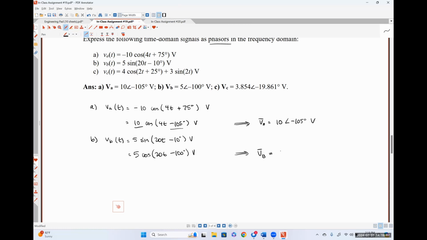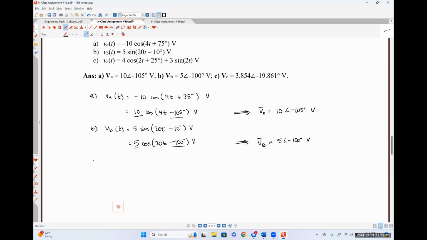Exactly right. So we kept the magnitude, kept the phase angle, call it a day. Again, it doesn't need to be any more difficult than that. We literally just take this 5, take this negative 100 degrees, and throw everything else away.